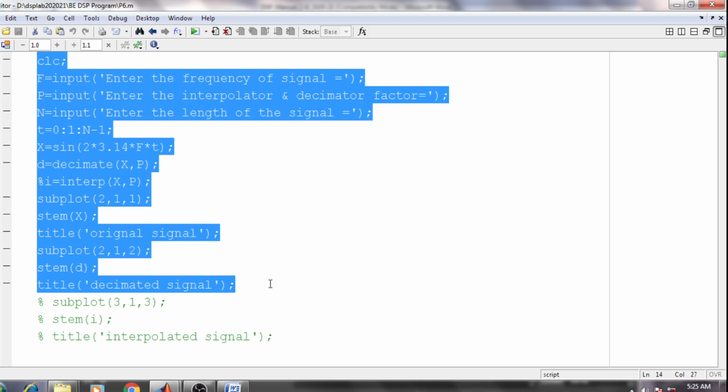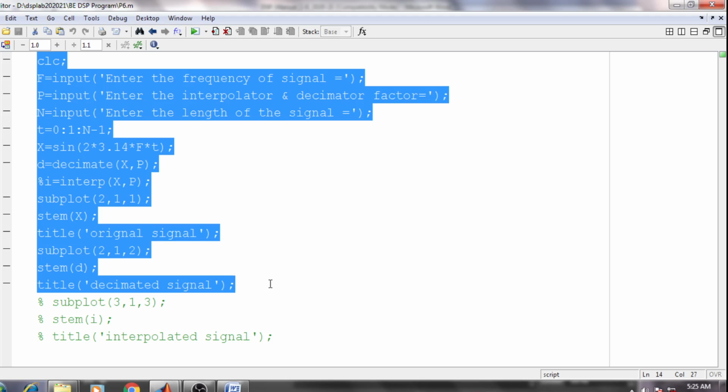Whether p is greater than n or p is smaller than n will be decided by you. So the interpolator or decimator factor will be entered by you in this p variable.